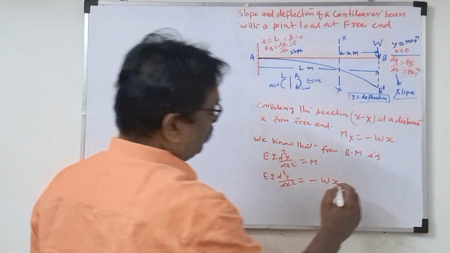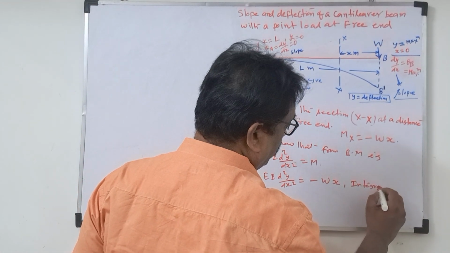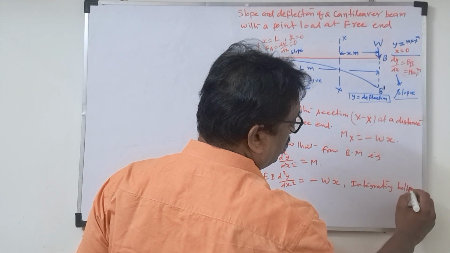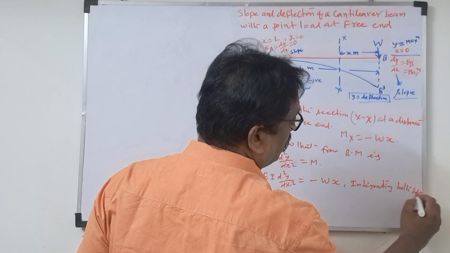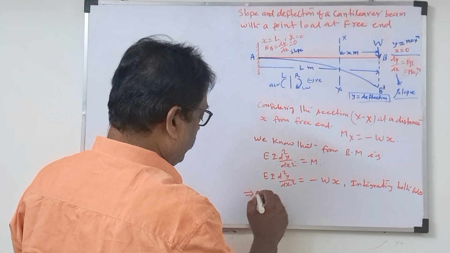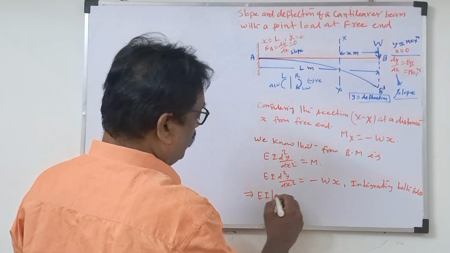Now we will integrate both sides. E is Young's modulus and I is the moment of inertia.